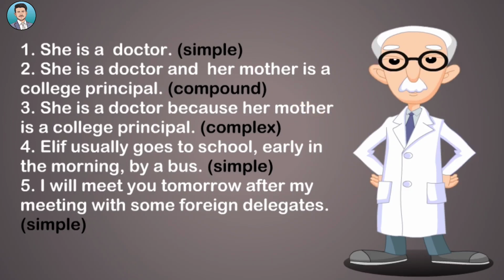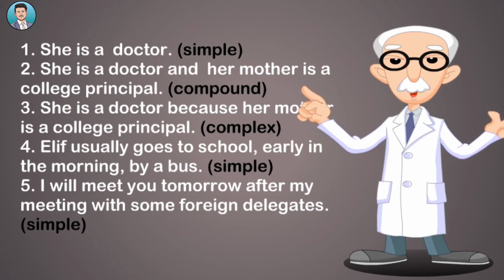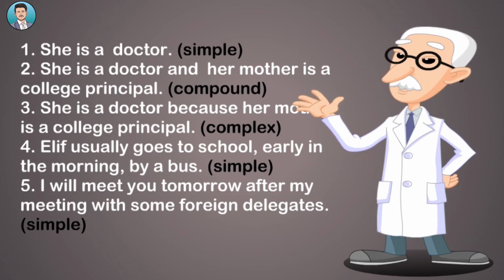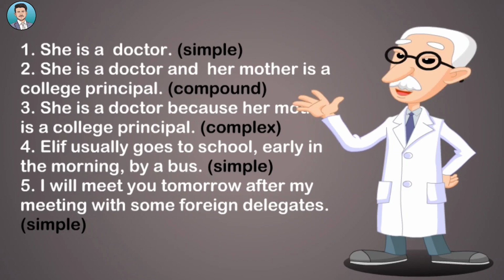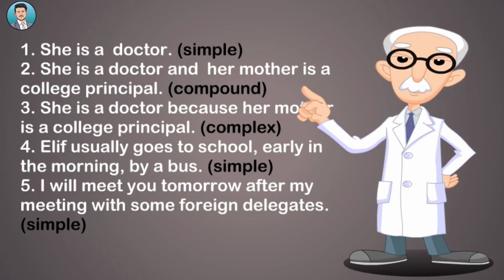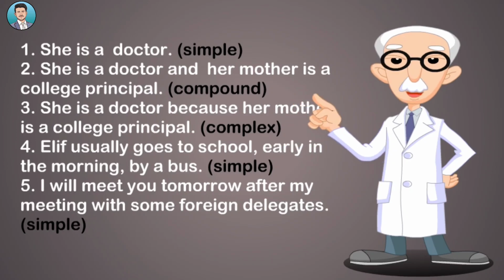If all the clauses in a sentence are main clauses, then the sentence will be compound. But if there are some subordinating clauses, some dependent clauses as well, the sentence will become complex. It actually depends on coordinating conjunctions and subordinating conjunctions.